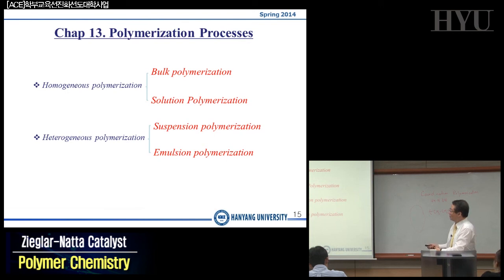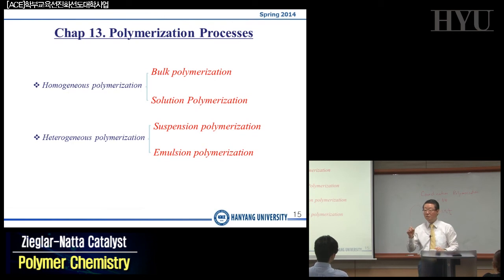Suspension and emulsion, they use the surfactants or soap detergents. Okay, surfactants, detergents, or soap. Did you learn about the colloid chemistry? No. The detergents or surfactants will make the droplets.